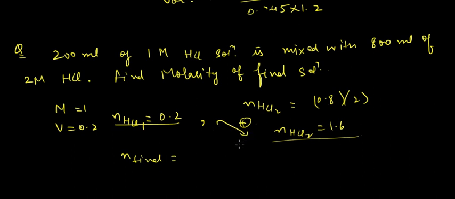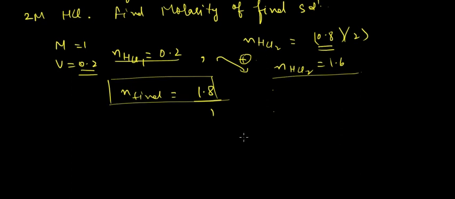Okay, so number of moles would be 1.6 plus 0.2, which would be 1.8, divided by the total volume of the solution, which would be 1 liter, 0.2 plus 0.8, which is 1 liter. So final molarity is 1.8.